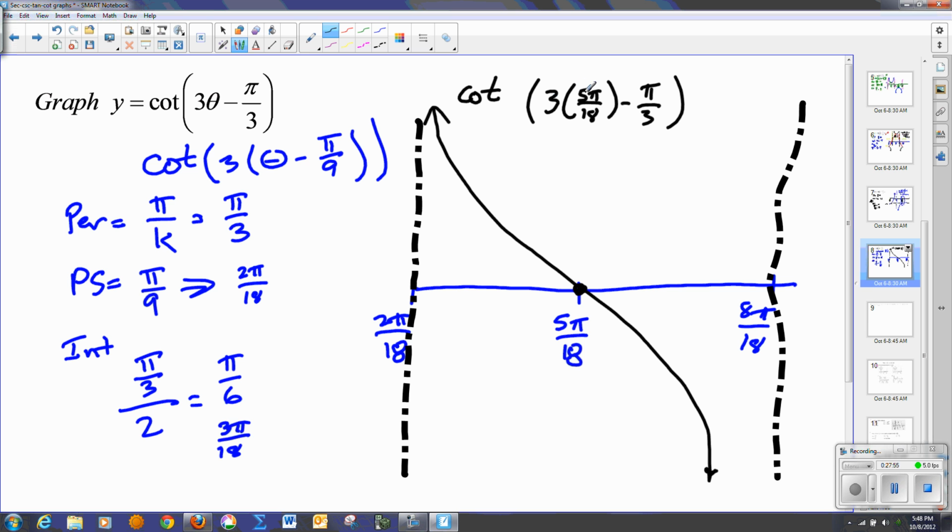I have a value here of 15 over 18, which is, what is that, 5/6? 5 pi over 6 minus 2 pi over 6. And I'm finding the cotangent of 3 pi over 6, or pi over 2. Cotangent of pi over 2 is 0, and we've checked it out.